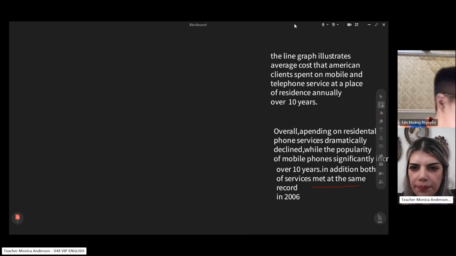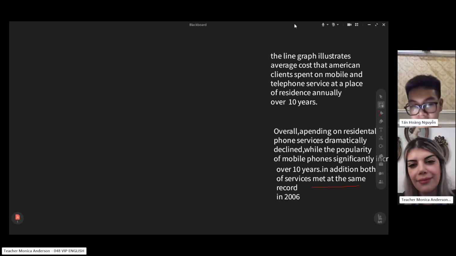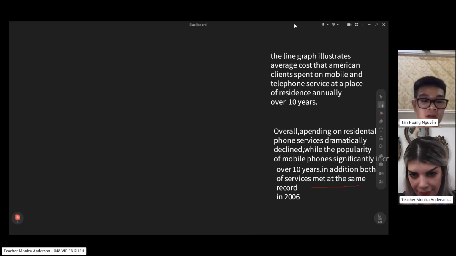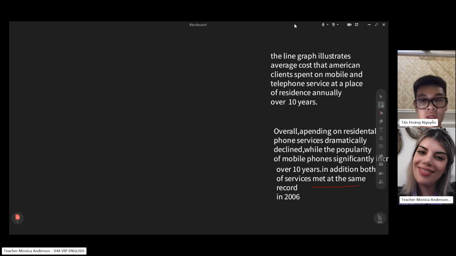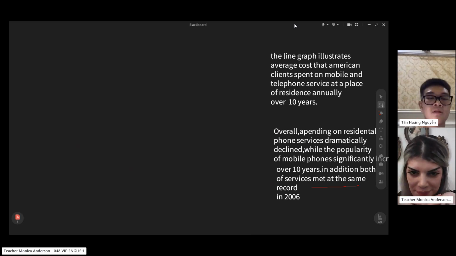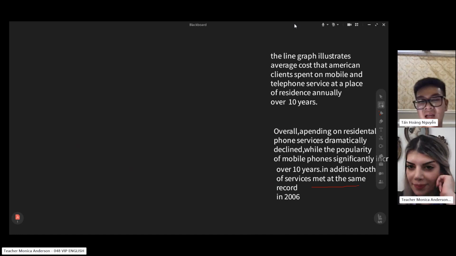Yeah, but like the example of C: in the first 5 years, from 2001 to 2005, it decreased, then from 2006 to 2010 it increased.